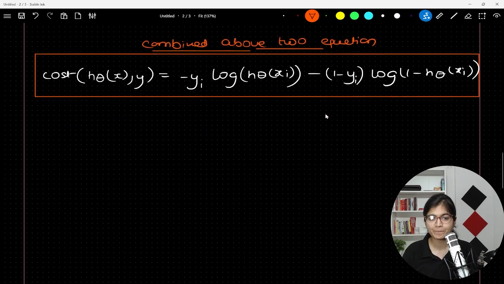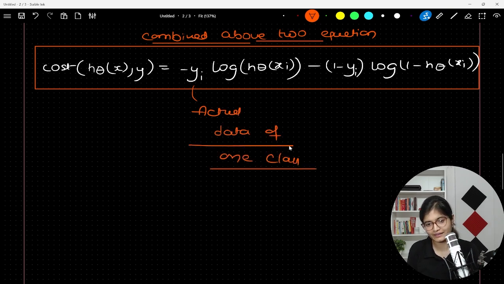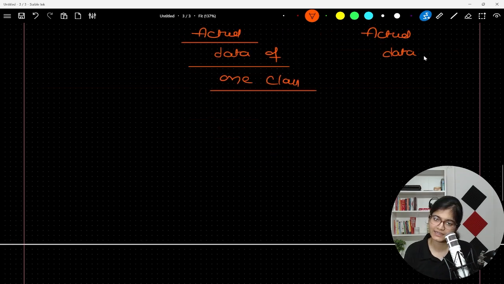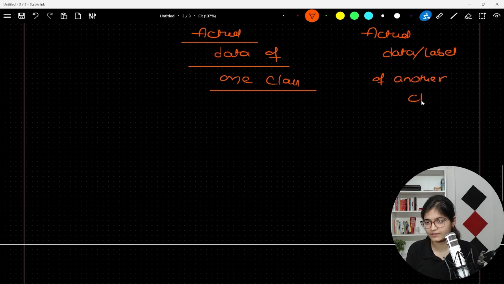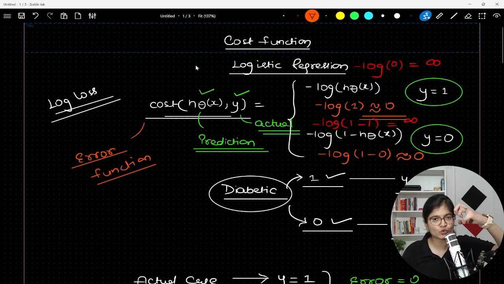Here you can see yi indicates the probability, or you can say the actual data or label of one class, and this is obviously the actual label of the other class, right? So basically you have just combined these two equations.